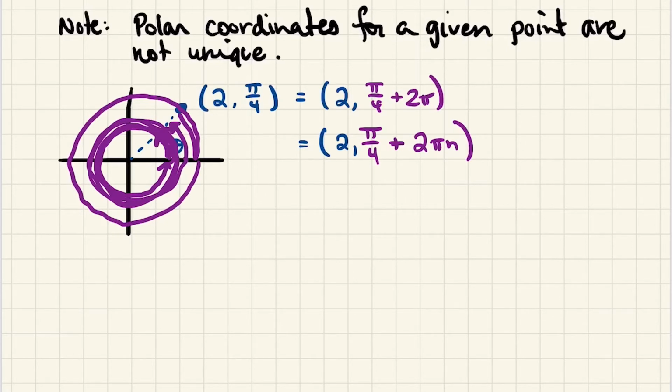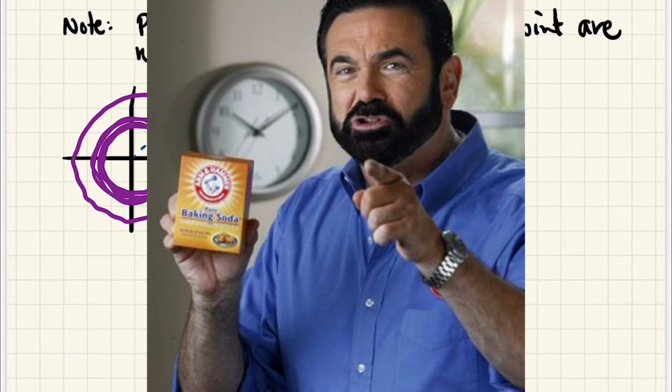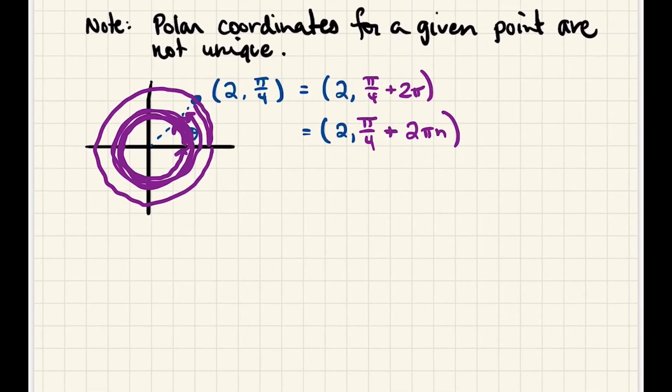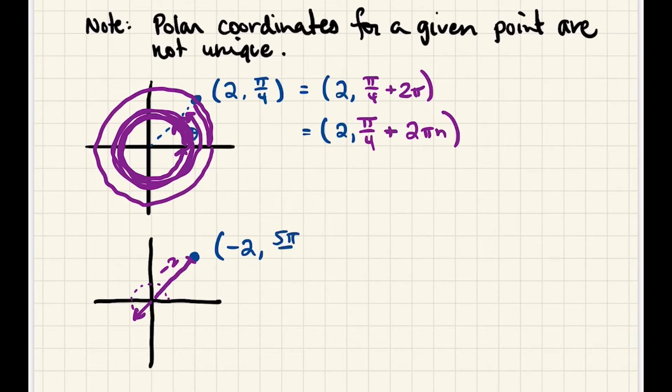All right. But there's more, because we could also get to this point by saying point yourself in this direction, okay, and go negative 2 units. And that would get you to that point. So this point in polar coordinates could also be given as negative 2, comma, and then that would be 5 pi over 4.